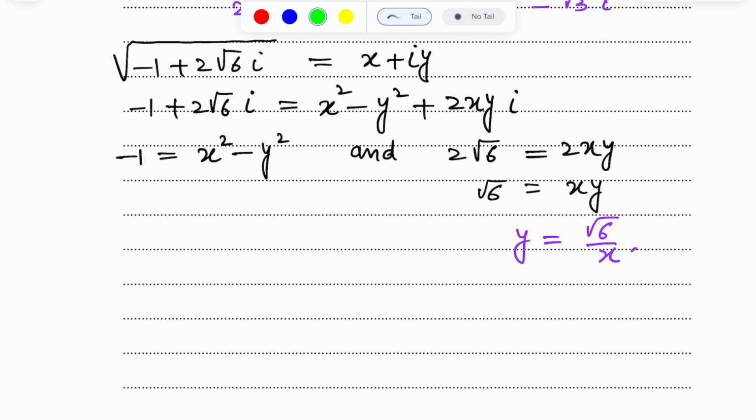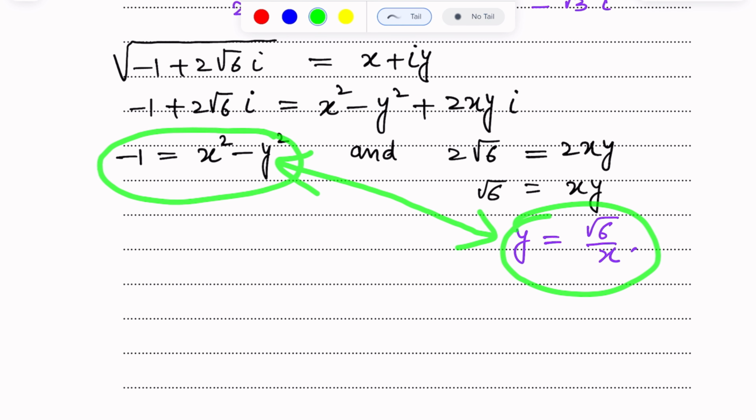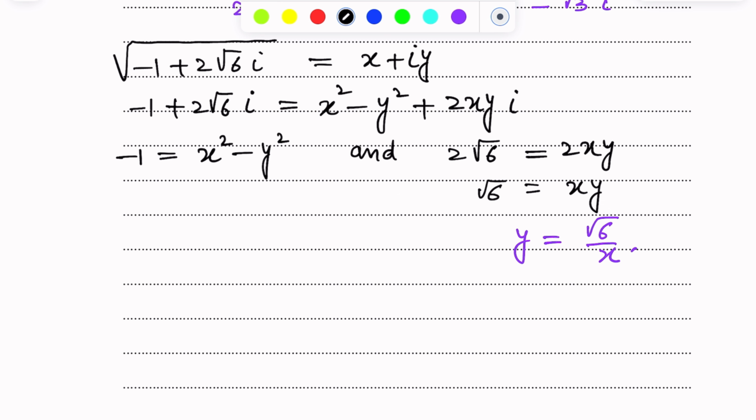We will find two values of x and two values of y. Putting the value of y here, we get minus 1 is equal to x square minus y square, where y is under root 6 over x whole square.